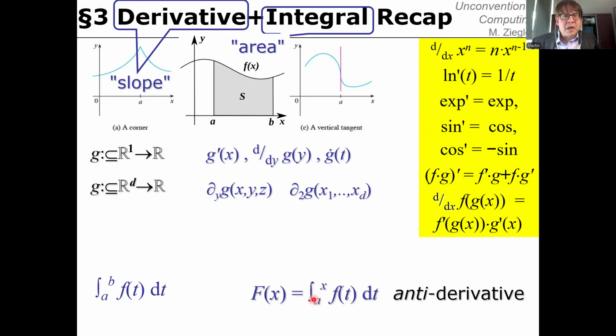So the antiderivative is again a function. We mean the integral from a, any starting point, to x, and x now is the independent variable we are integrating over f. That's the antiderivative. And why is it called antiderivative?